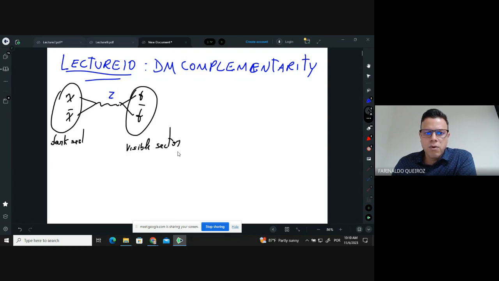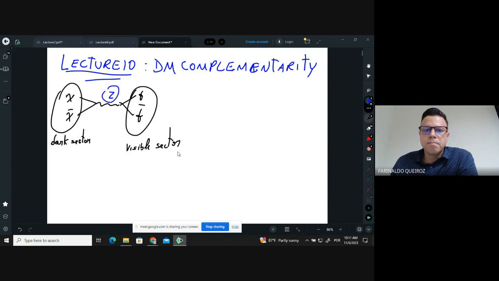So visible here has nothing to do with electric charge. It just means the standard model spectrum, and the dark sector is whatever lies within the dark symmetry. For instance, the Z boson here belongs to the visible sector.